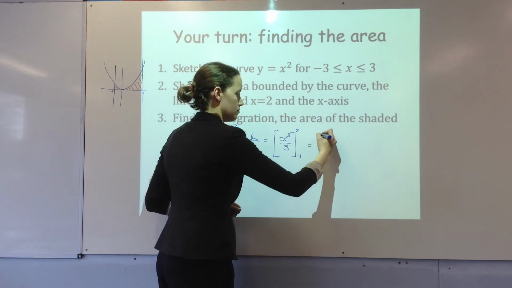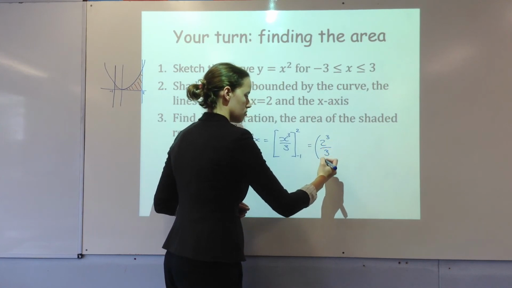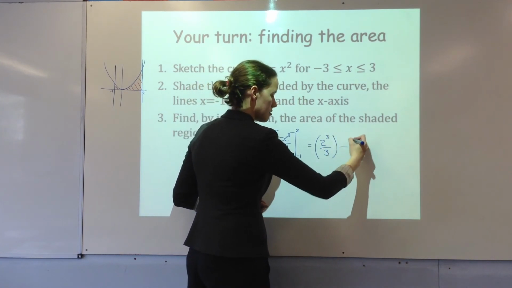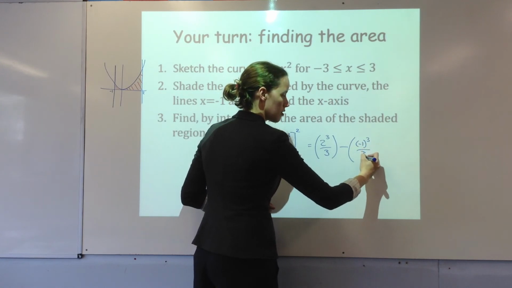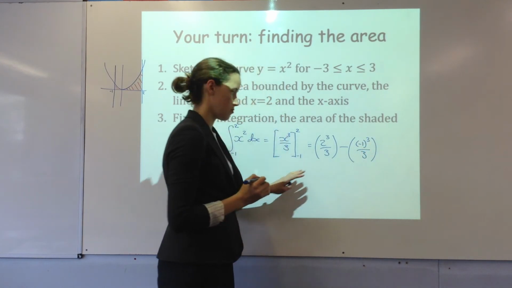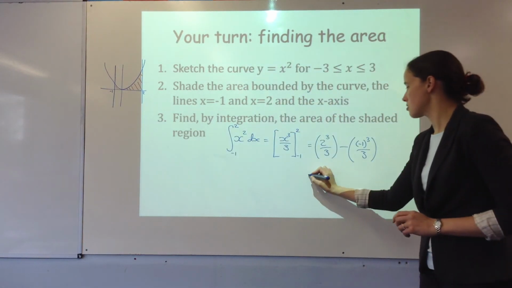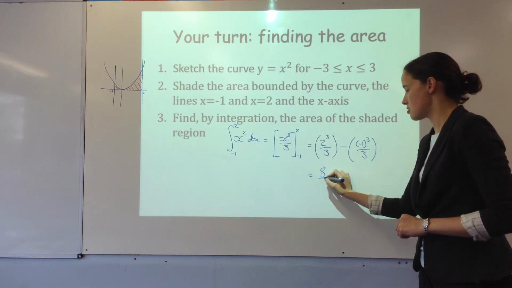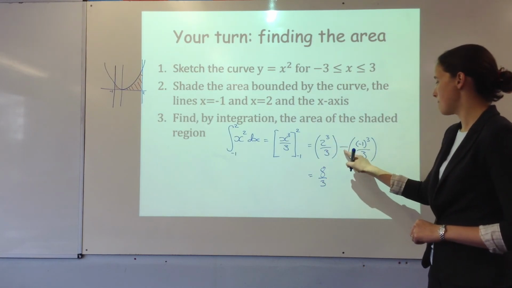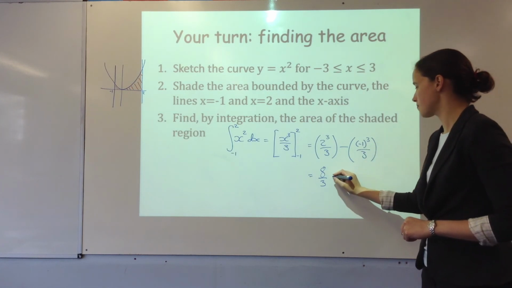Substitute in 2 to the power of 3 over 3 minus -1 to the power of 3 over 3. Let's sort out what this gives us. 2 to the power of 3 is 8, still divided by 3, minus, okay, let's be careful here, -1 to the power of 3.